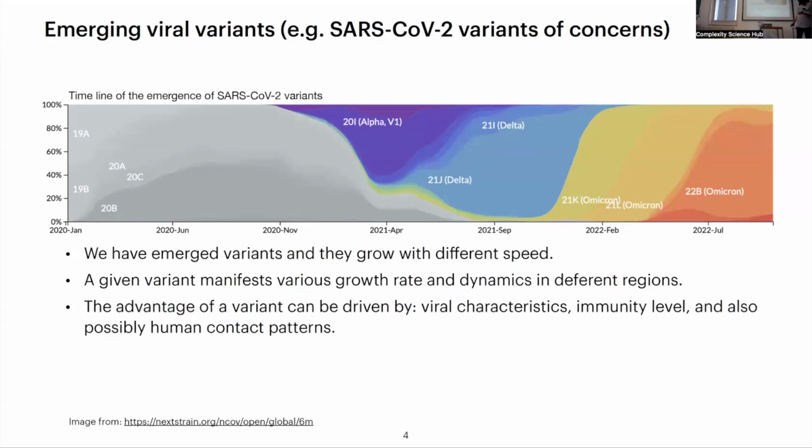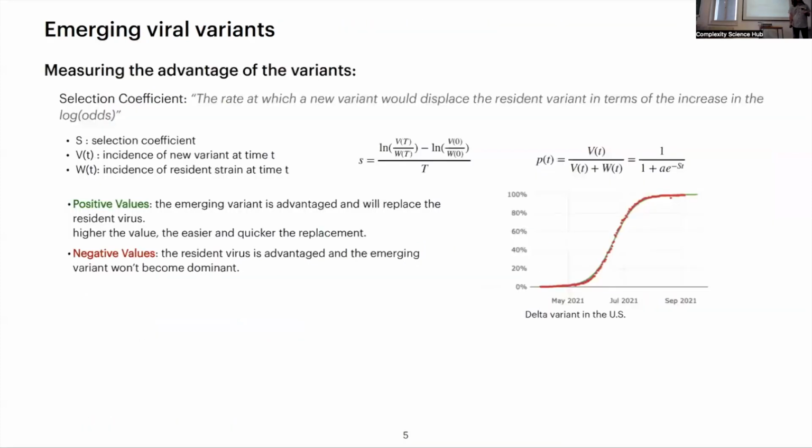But before that, let me precisely and quantitatively determine what the advantage of a virus is and how we can compute it. Well, the selection coefficient is a proper indicator designed to quantify the advantage of a variant over another.